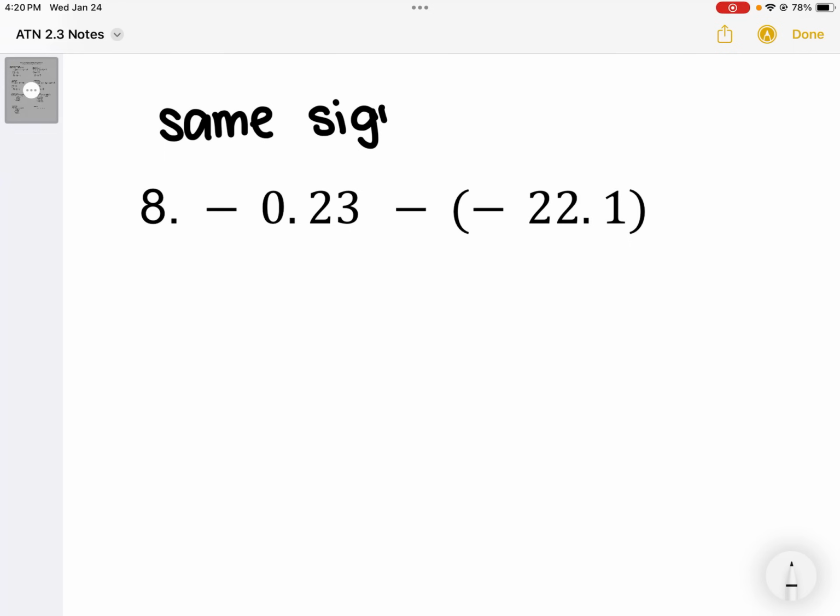Next thing I need to recognize is, is this a small minus big problem, or big minus small? Negative 0.23 is closer to 0, so this makes it a bigger number. This makes it a big minus small problem. I know that big minus small problems give me positive answers.